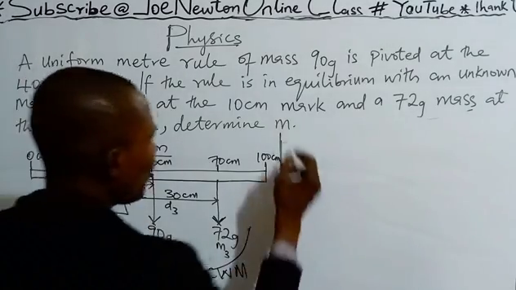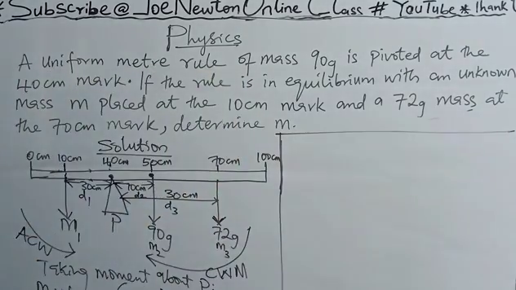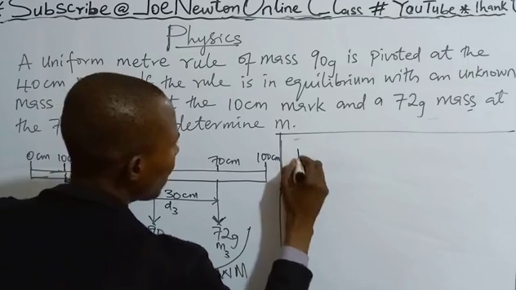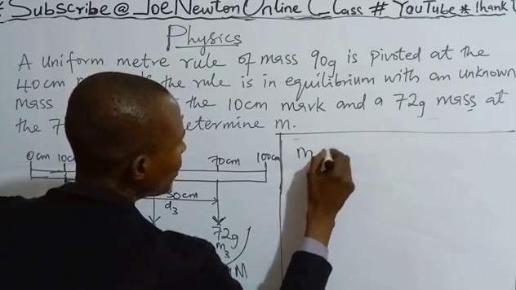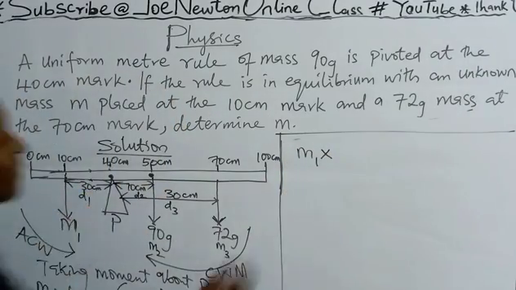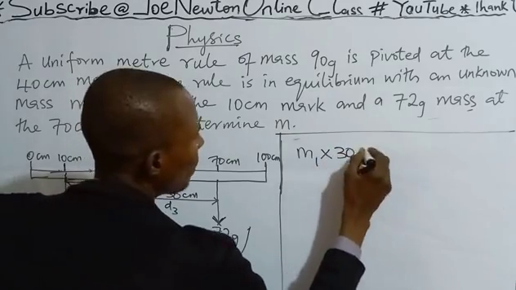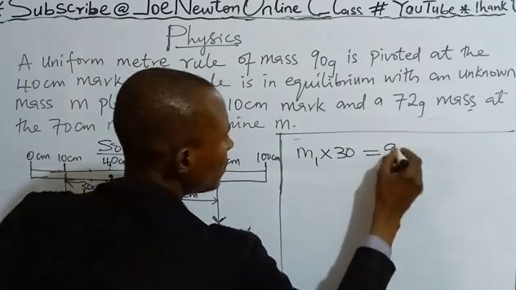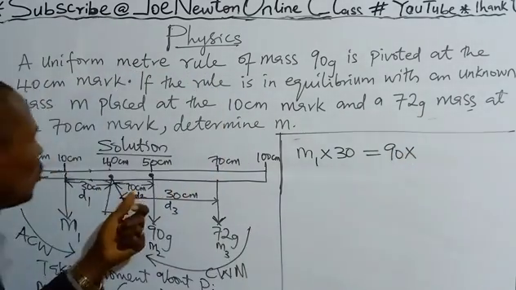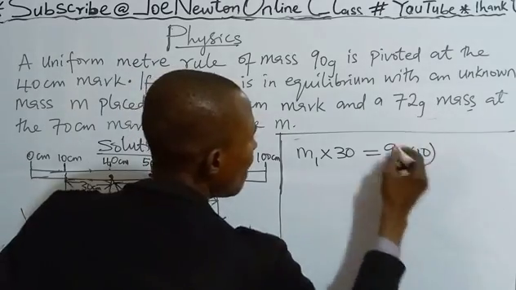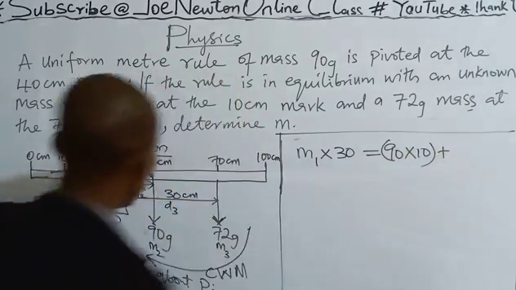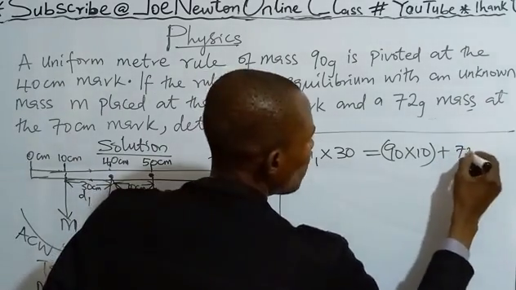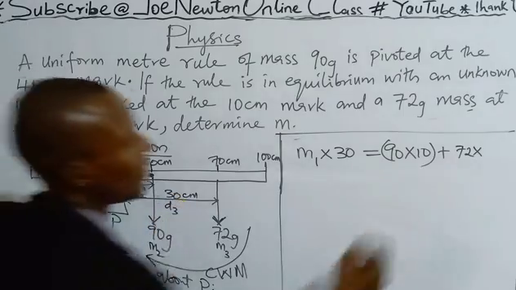Then we proceed. Here we substitute. We don't have M1, we are looking for M1, times our D1 is 30 cm, equals our M2 is 90 times our D2 is 10 cm, plus our M3 is 72 times our D3 is 30.